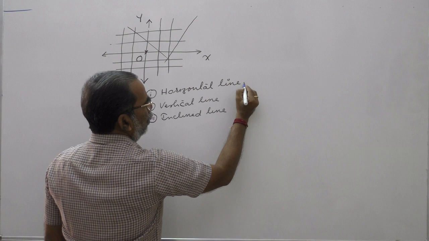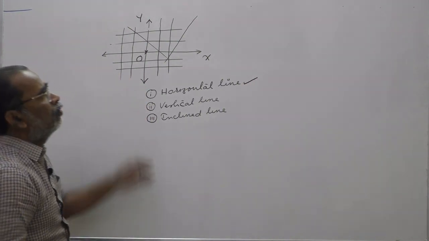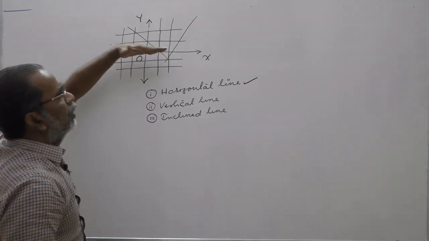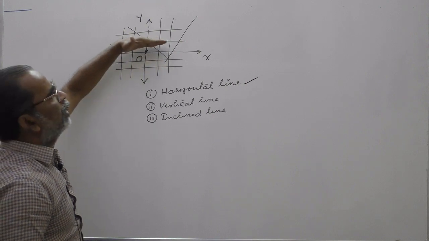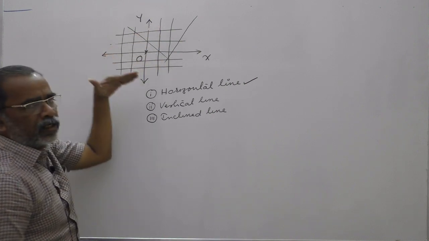Okay, if you take horizontal lines, what are horizontal lines? The x-axis itself and any line parallel to x-axis.